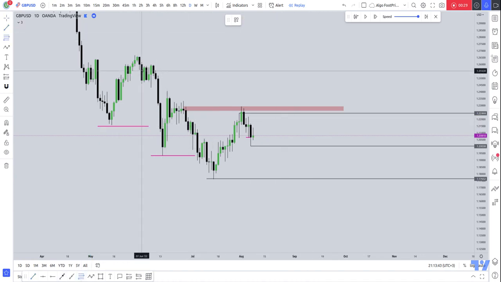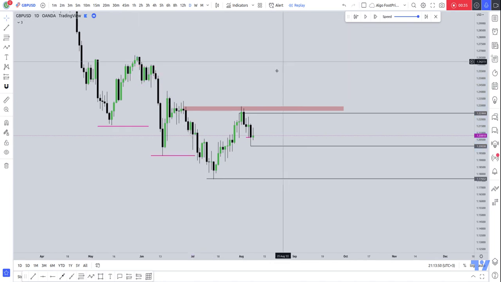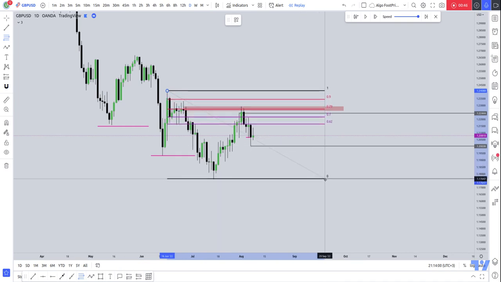Price went back up about 62%, and then price blocked this market structure. This swing low was broken, and we expected price to come back, and we did, about 79%.